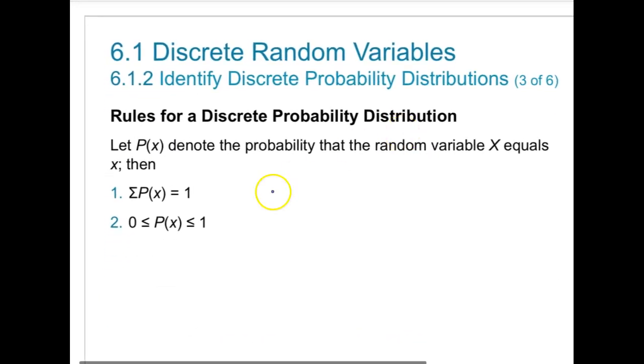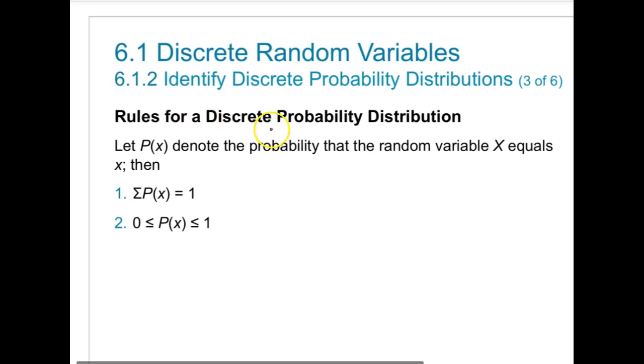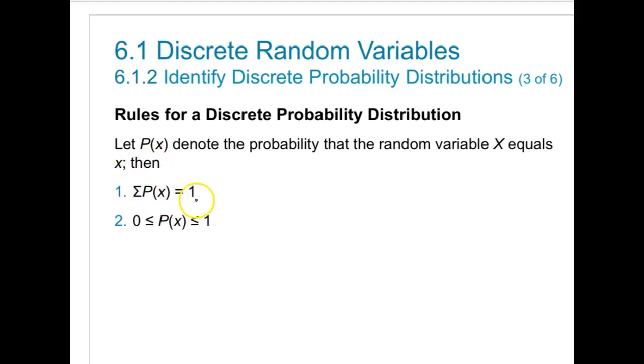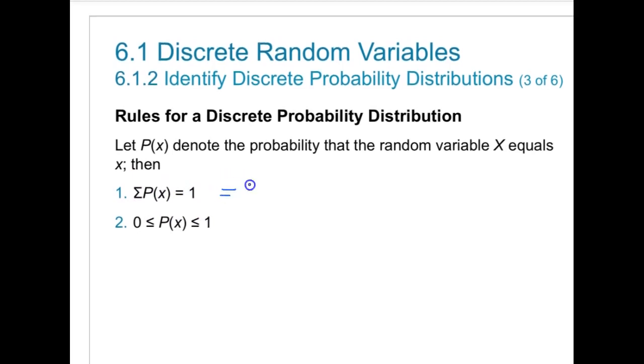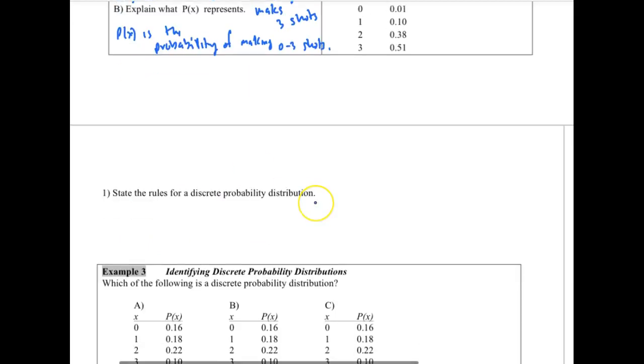Rules for a discrete probability distribution: for the random variable X equals x, the sum of all the probabilities has to equal 1, which again represents 100%. And the probability of each of those values has to be between 0 and 1.